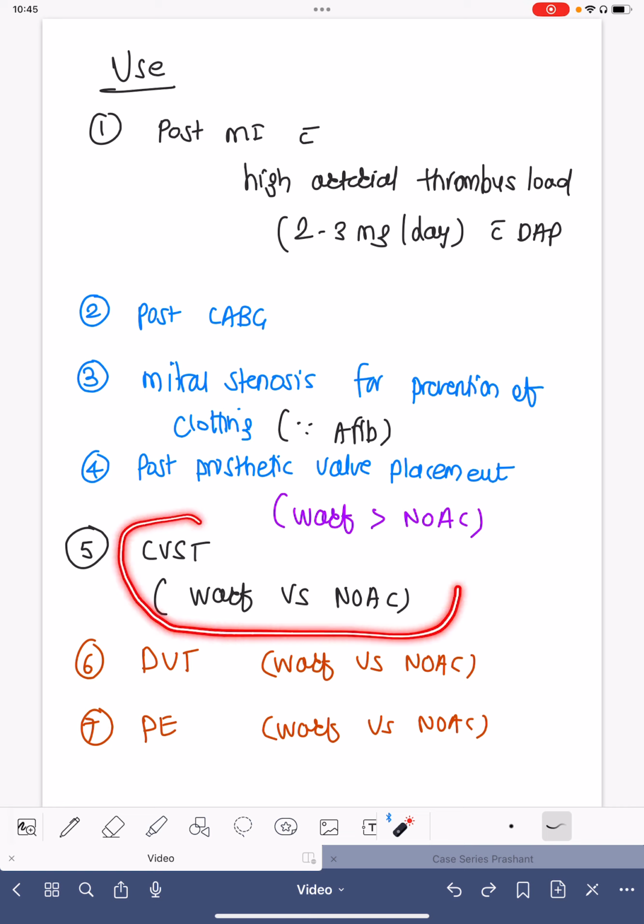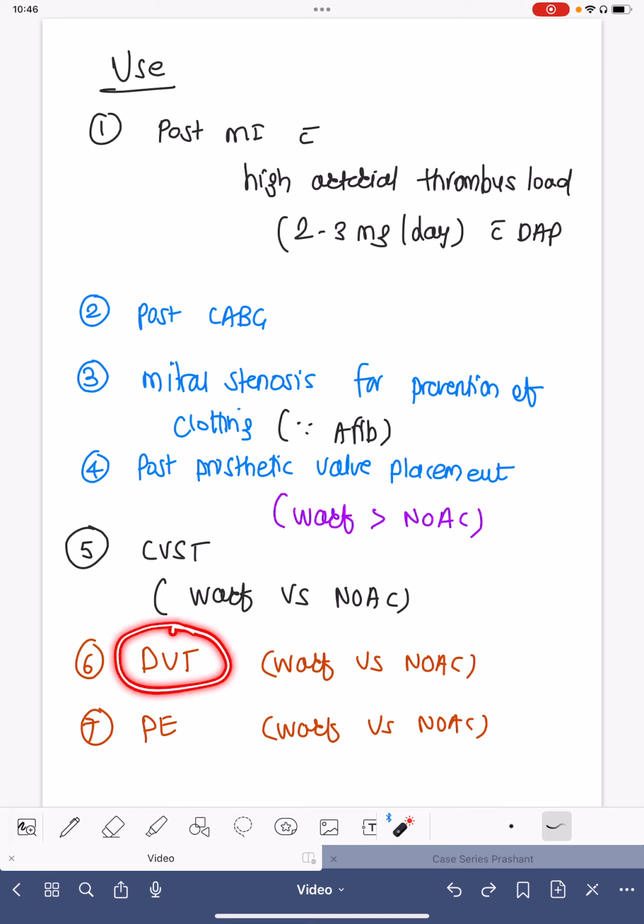For CVST, warfarin versus novel oral anticoagulant drugs like apixaban, rivaroxaban or dabigatran can be considered. But warfarin is very commonly used to treat as well as to prevent recurrent cortical venous sinus thrombosis.